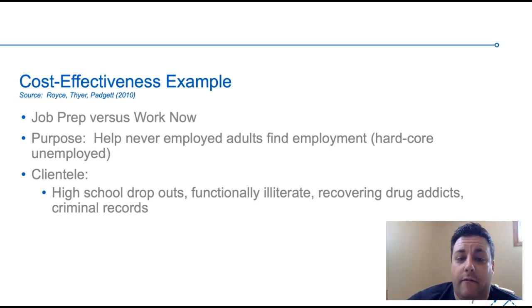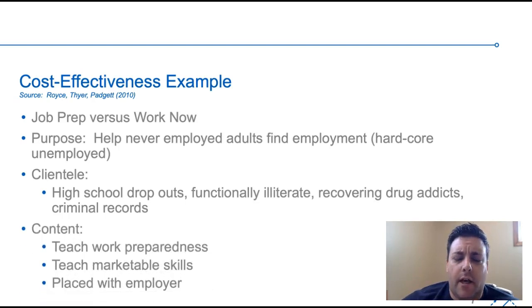They had all dropped out of high school. They were all functionally illiterate. Most of them were in recovery. Almost all of them had criminal records. So this was a group of people who had extraordinary barriers to finding employment.